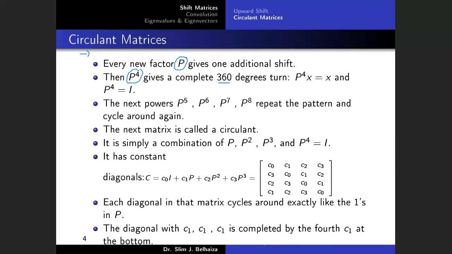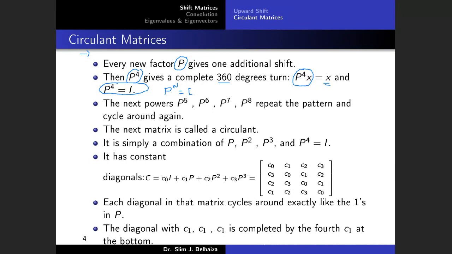With size 4, you always have P to the power 4 times x equals x. In other words, P to the power 4 reproduces I. In general, if you are working on size n, you will always have P to the power n equals I. The next powers repeat the pattern and cycle around again.